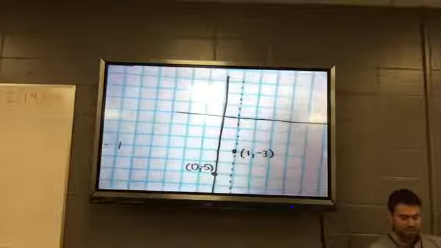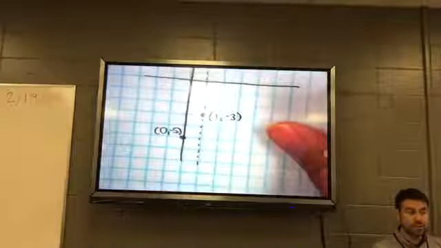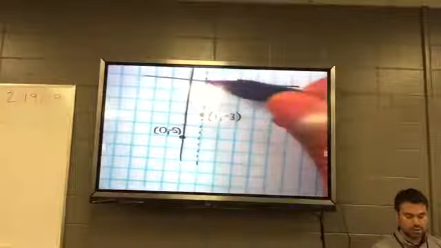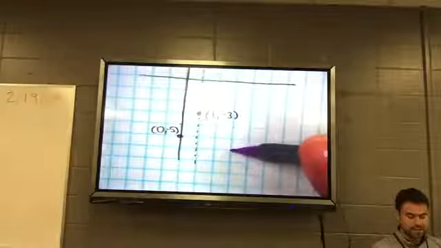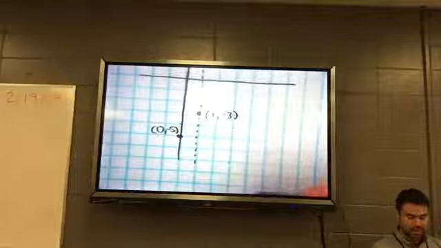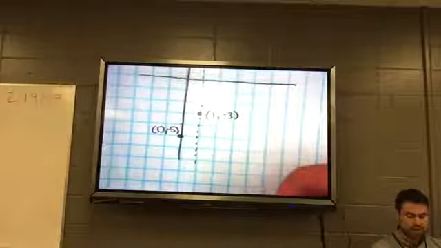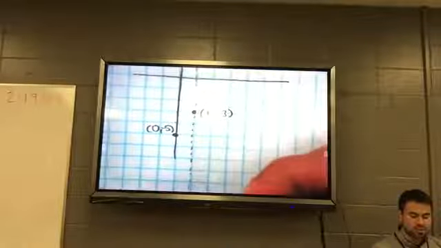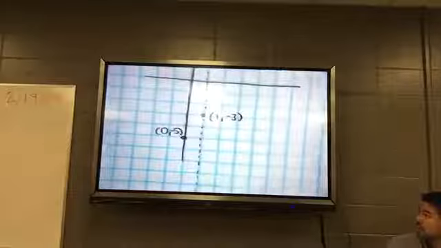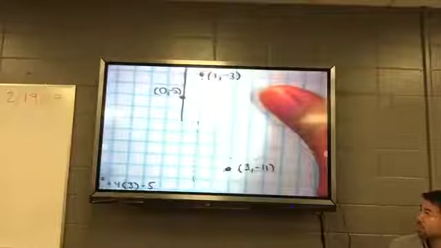And then where would that other point go? 3, -11. Way down. 1, 2, 3, 4, 5, 6, 7, 8, 9, 10, 11. And that's 3, -11. I'm going to extend my axis of symmetry. Okay, so I have these points right here.